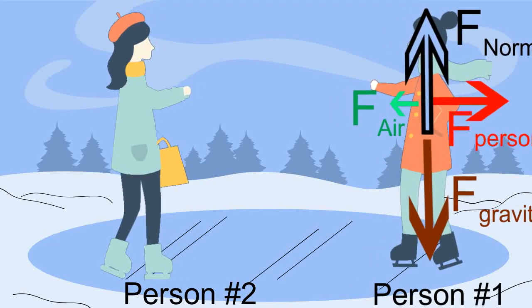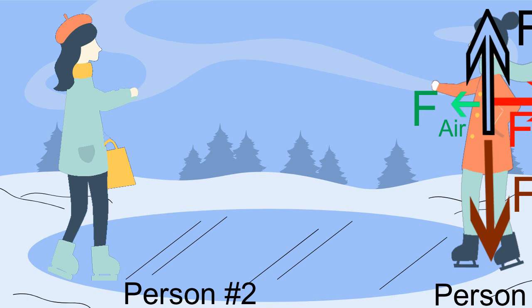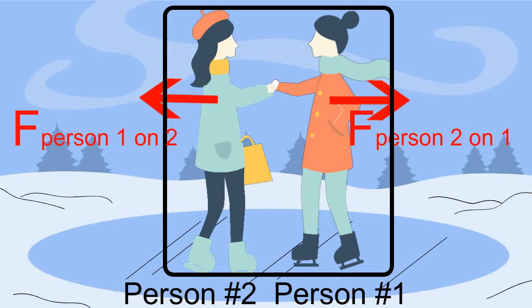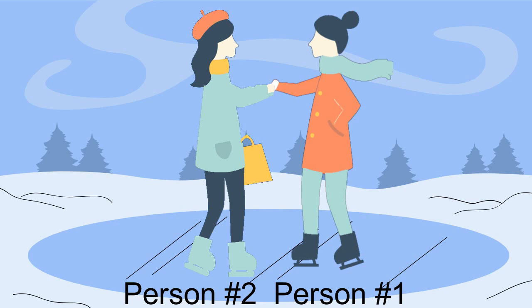But on the other hand, if you choose the system of both people, person one and person two, as your system, then the interaction between person one and person two pushing on each other cancels out because they each are pushing with the exact same size force in exact opposite directions.